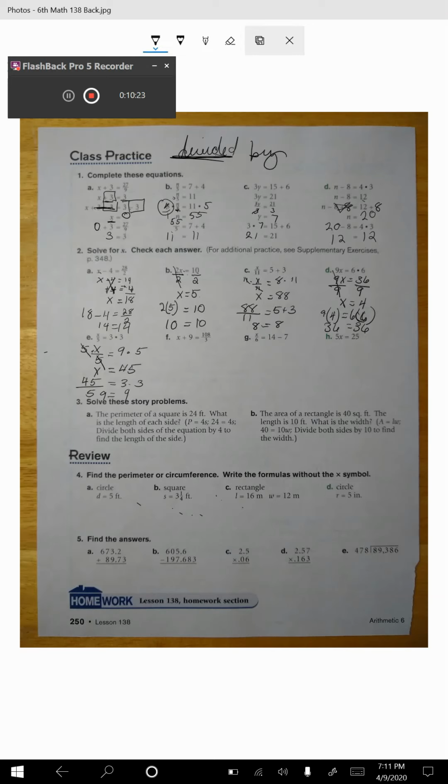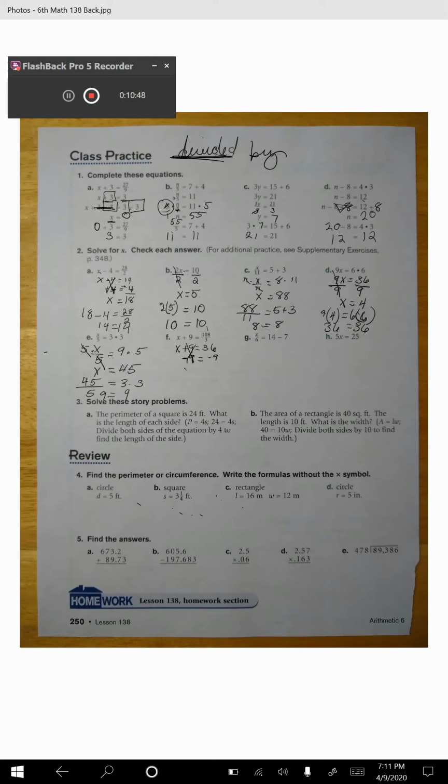X plus 9 equals 108 over 3. Can't do this yet. 3 goes into 10 3 times with 1 left over. 3 goes into 18 6 times. That's why you want to know those multiplication facts, right? You can do that fast. All right, so minus 9, we'll get rid of that 9. Minus 9 over here.